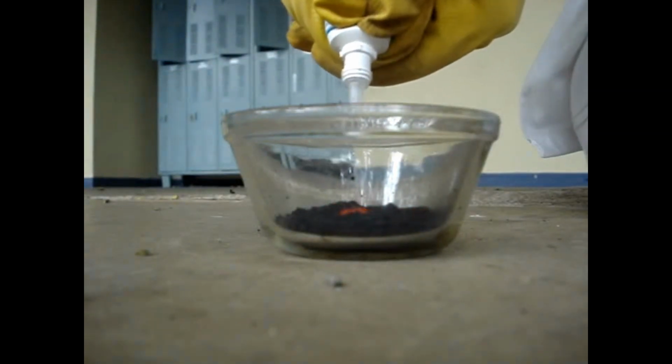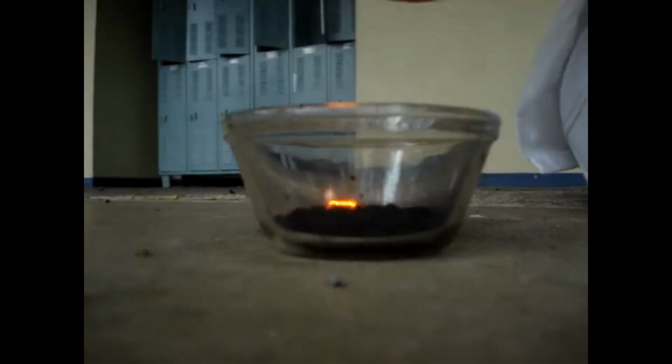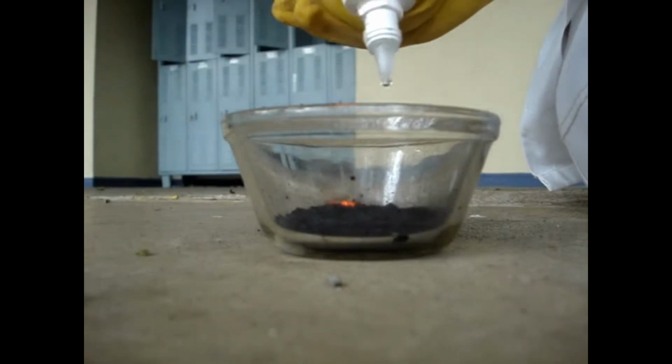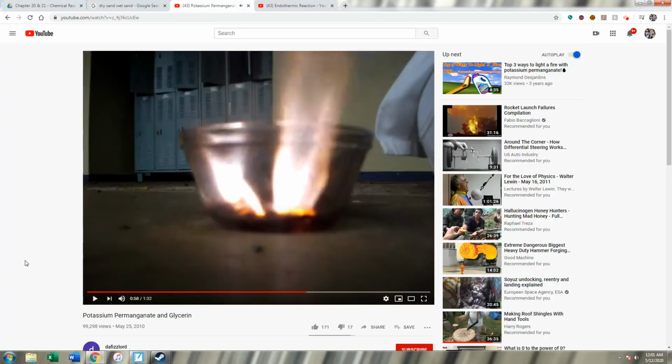So you're seeing some light given off, some gas being given off, color change. Notice how once it's already hot, the reaction happens a lot faster because it already has the activation energy to get started. Okay, it doesn't have to wait on it because it already has that activation energy. Okay, so that would be an exothermic reaction, giving off more energy than it's taking in.